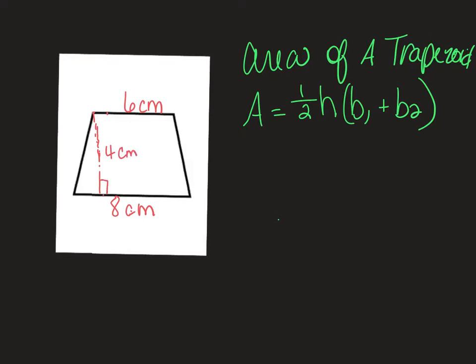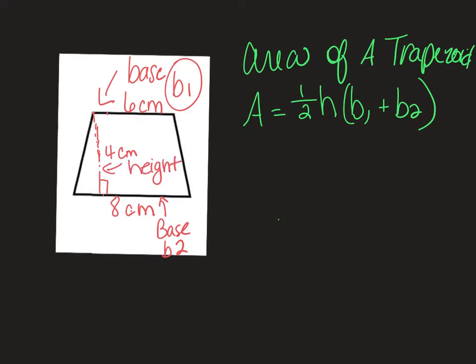So you're dealing with 3 numbers here. Remember that you're going to have a base up here. This is a base, which is abbreviated B1. And this is also a base, which is abbreviated B2. Of course, this is your height.